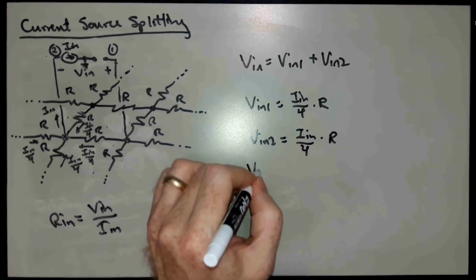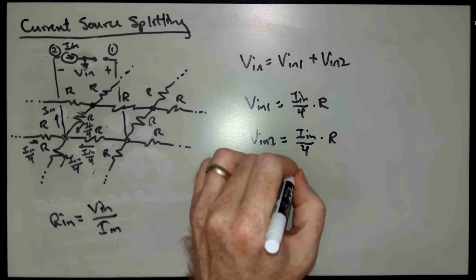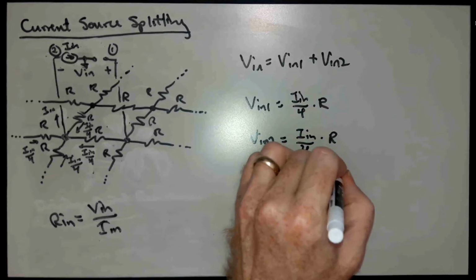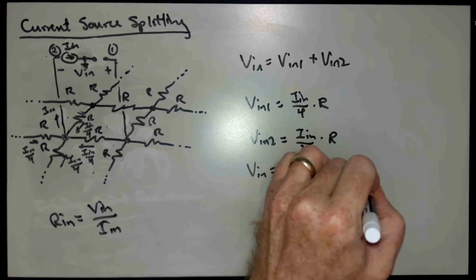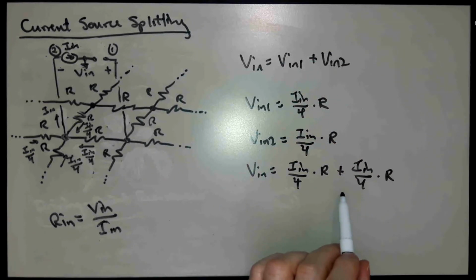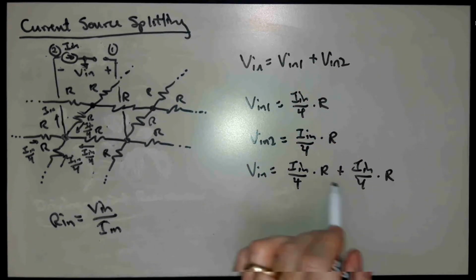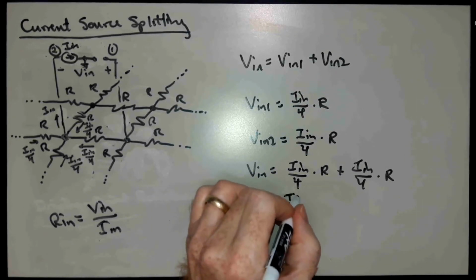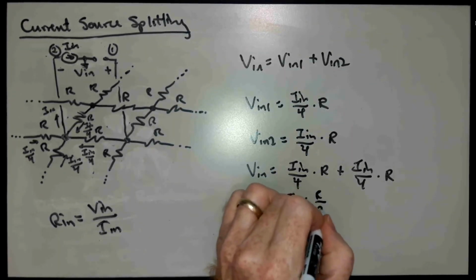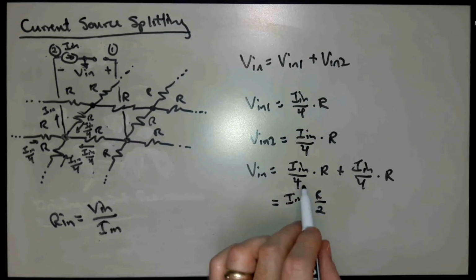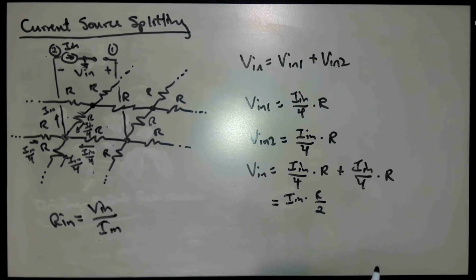And so Vn total is just In over 4 times R plus In over 4 times R. They're the same, so we can just combine them. It's going to be In times R over 2, since 1/4 plus 1/4 is 2/4, or 1/2.